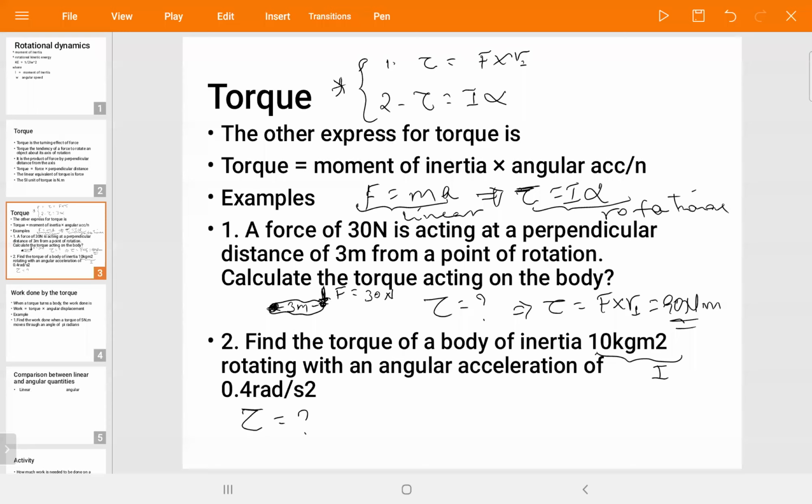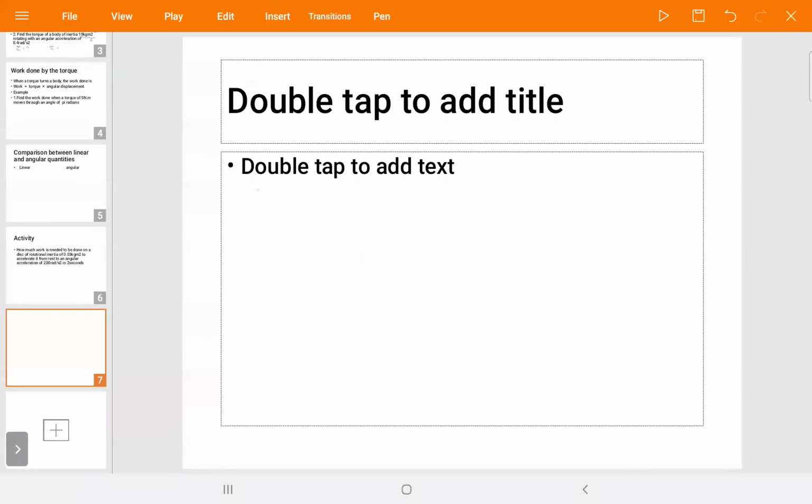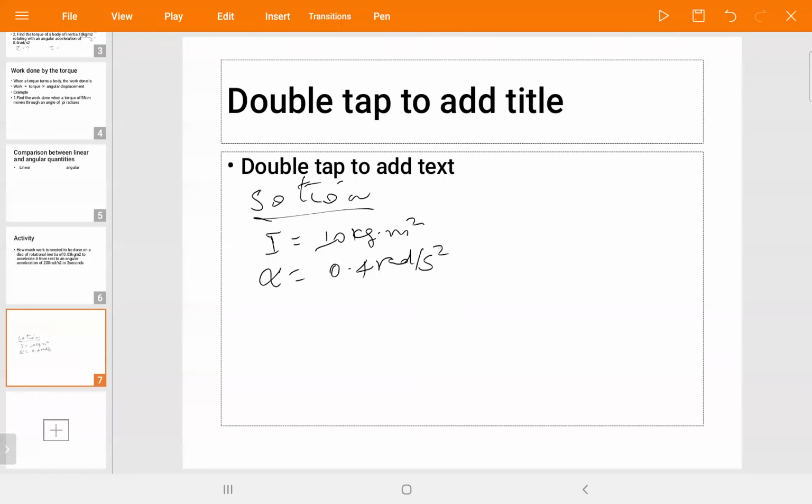Then what will be the answer for the second problem? Okay, for the second question, the moment of inertia of a rotating object is given to be 10 kilogram times meter square, and angular acceleration is given to be 0.4 rad per second square.